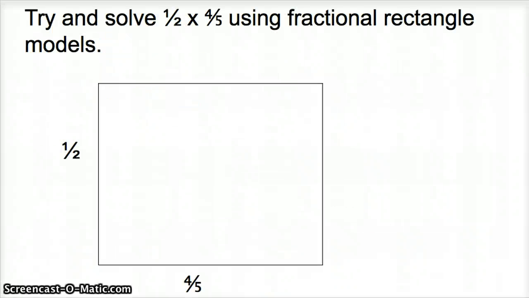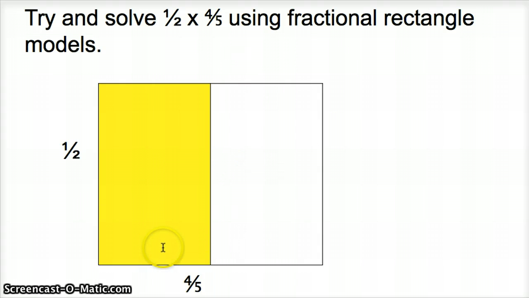Now try to solve 1/2 times 4/5 using a fractional rectangular model. So again, I need to split this rectangle into halves. I do that by splitting it down the middle and shading in one of the halves. Next thing is I have to split this rectangle into fifths going up.